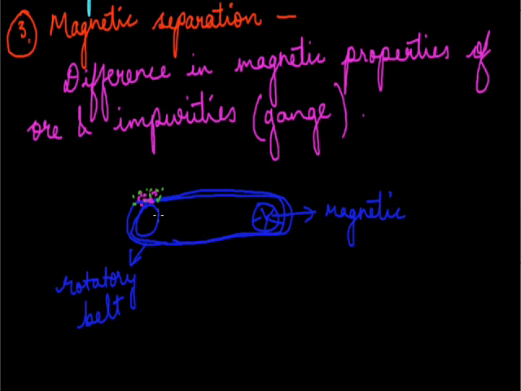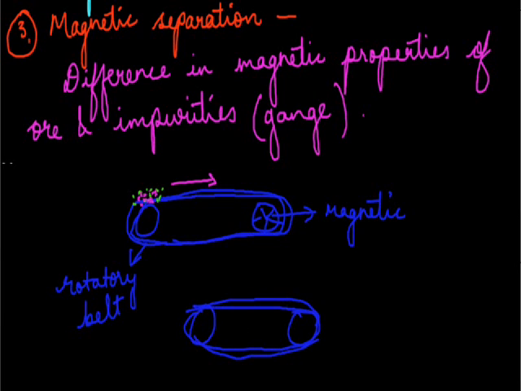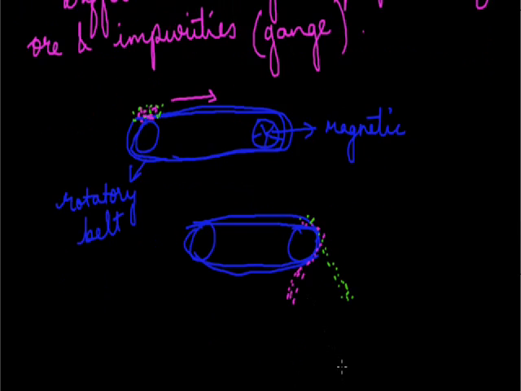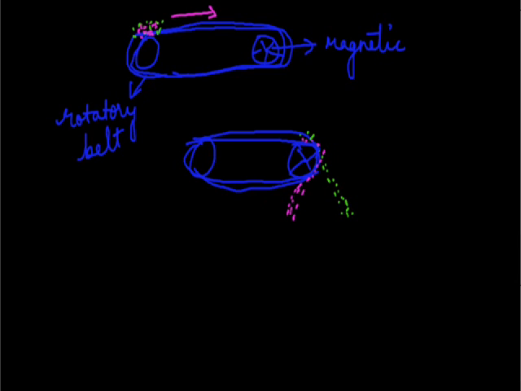As the rotatory belt moves, this will also move, and when it moves, it will come here. In this way, both the different components having different magnetic properties will be separated.